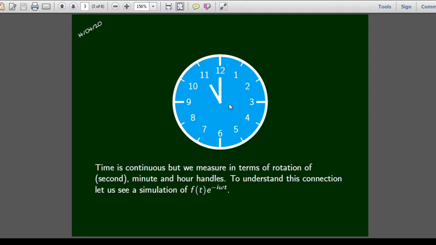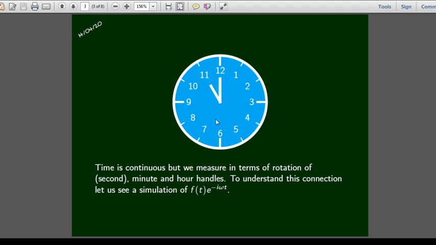If the time is 11 o'clock or 11:15, in that case the minute hand moves to this 3 and the hour hand moves to 11, some point after 11. That's all. So we represent this notation with the help of these digits. Whatever be the time, we measure the time using the rotation of these hands.